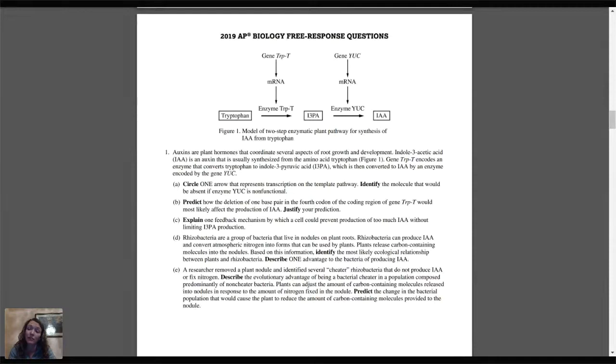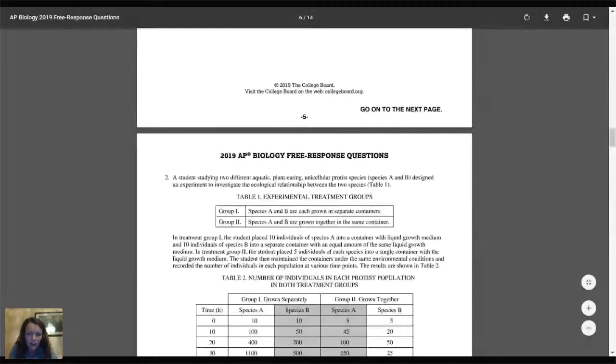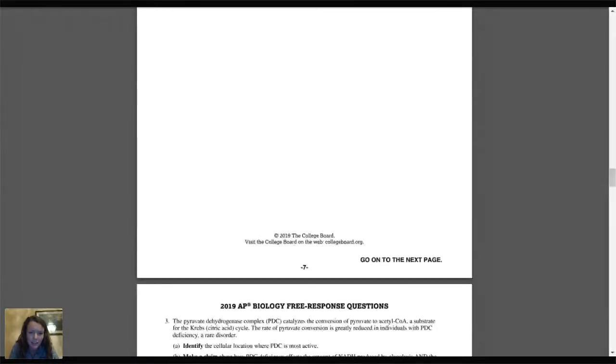Anything before 2013 is super outdated because that's when they redesigned the exam the first time. You will notice that there's 8 free response questions in this packet, and you are very, very lucky because you only have 6 free responses. This is the first year that has happened, but you still have the same amount of time to answer them. So you are all set.